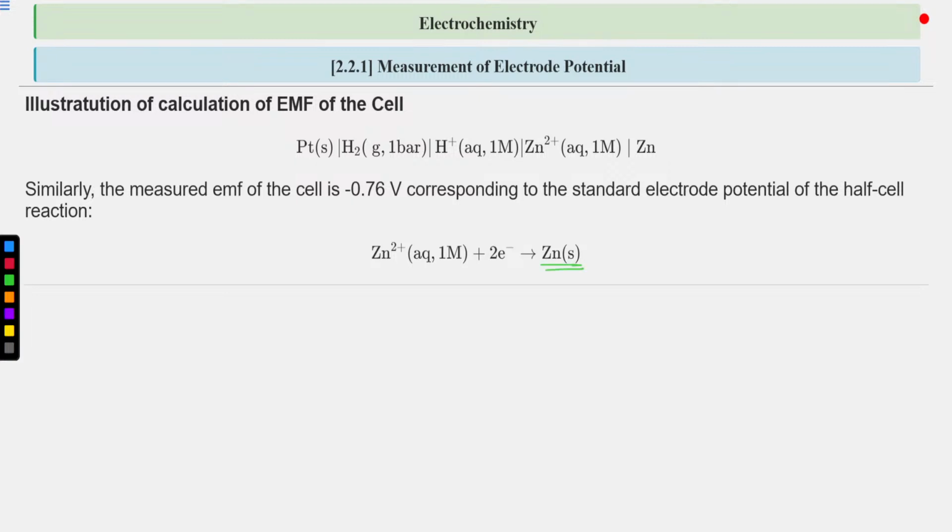Okay, as we discussed in the previous slide, Zn2+ is reducing here by gaining 2 electrons and going from 2 positive to 0, that means the neutral state. So whatever the standard electrode potential or the EMF of the overall cell comes out to be, that will be equal to the standard electrode potential of the half cell present at the right hand side, right?